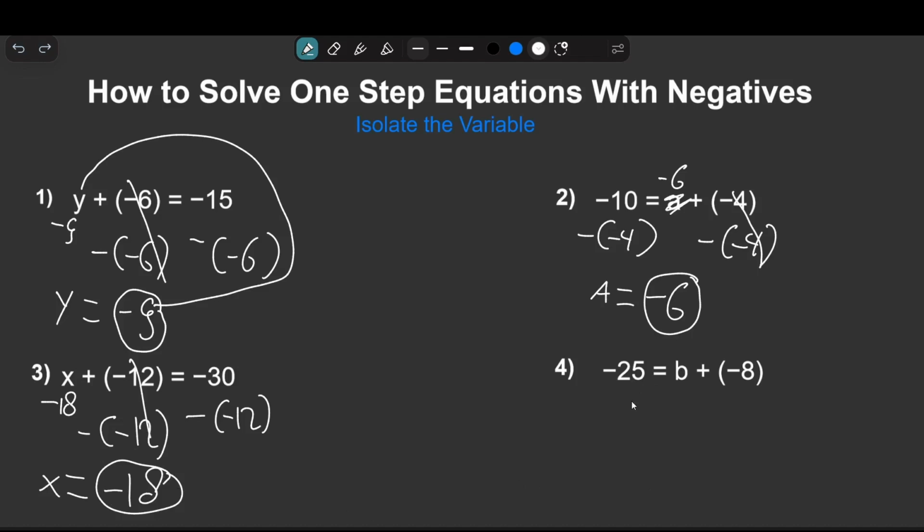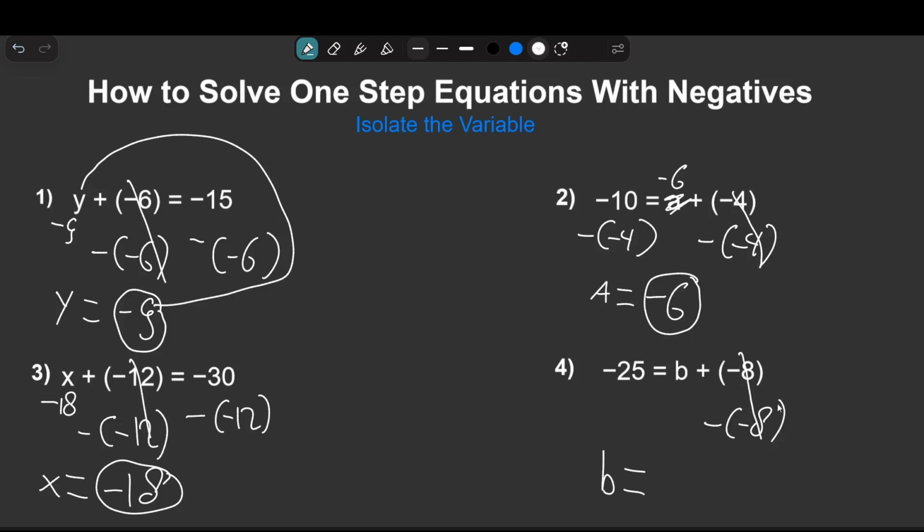So let's go over to our last example, where we have minus 25 equals b plus minus 8 in parentheses. So again, to do this, we're going to isolate the variable. Again, we're going to inverse the operation, so we're going to go minus 8. So minus 8 cancels each other out, so we are just left with our variable.